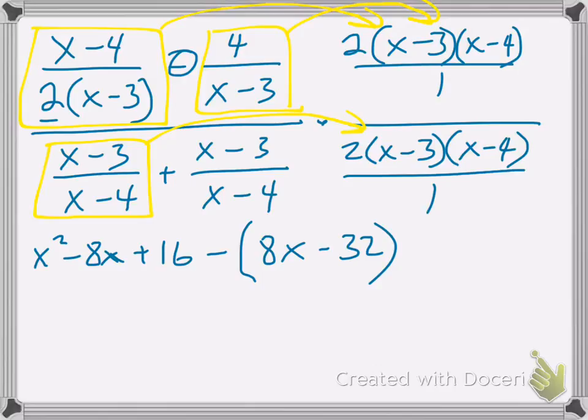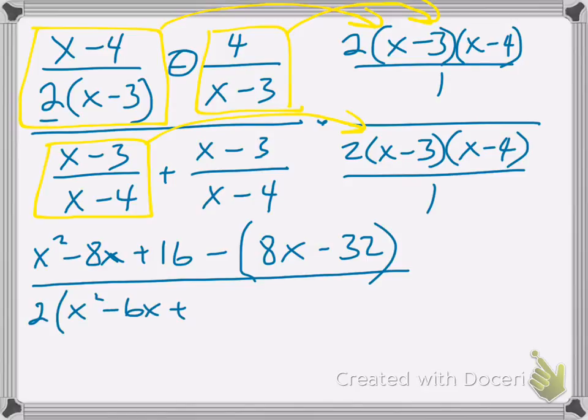So that's 2 times x minus 3 times x minus 3. x minus 3 times x minus 3 is x squared minus 6x plus 9, and we get that by canceling the x minus 4's. And then we still have that 2 hanging around. Okay, so we'll clean that up in a minute.